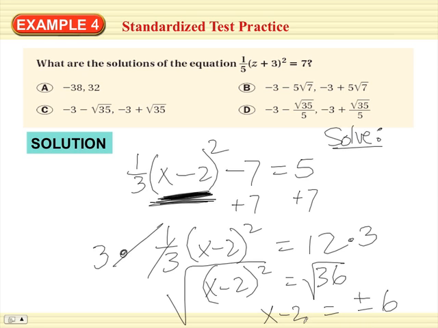Now look what happens here. Plus 2 on the bottom. Plus 2 here. So here's what we get. 2 plus or minus 6. I hope you don't leave this like this. You can do this. 2 plus 6, 8. 2 minus 6, -4. Here's your 2 answers.